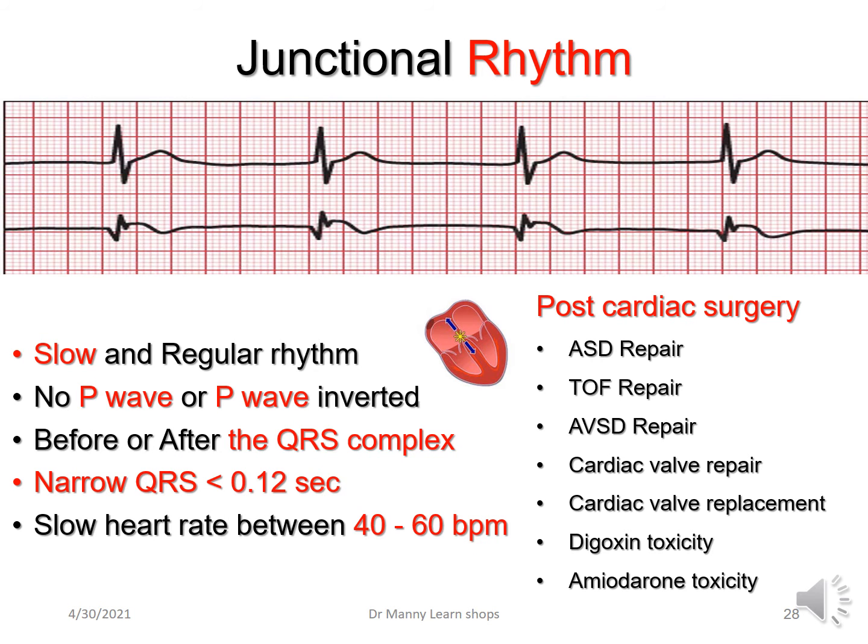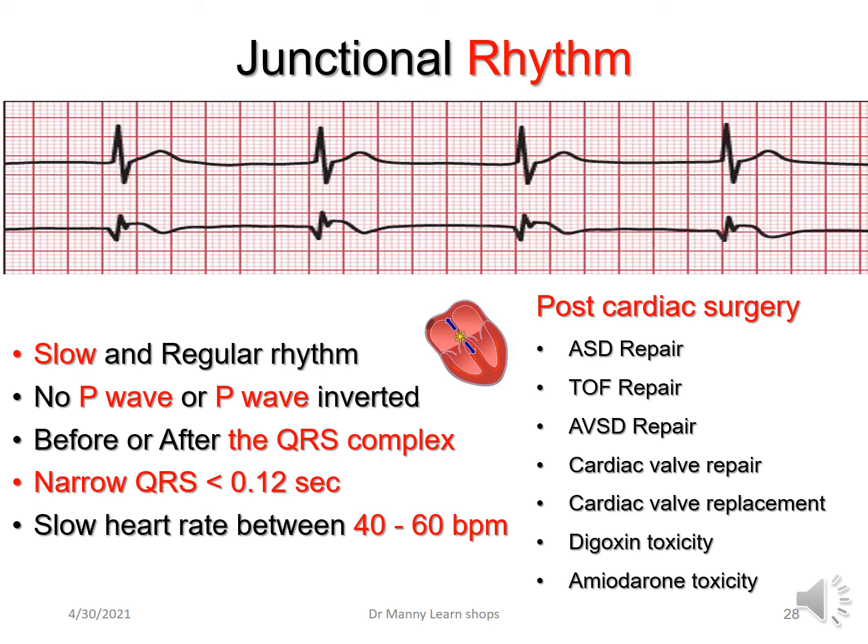When we look at junctional rhythm, this can occur because of failure of the SA node, and typically this rate will be between 40 and 60 beats per minute. This is a slow, regular rhythm, and again, it can have an inverted P wave before or after the narrow QRS complex, or no P wave, which is hidden in the QRS complex.